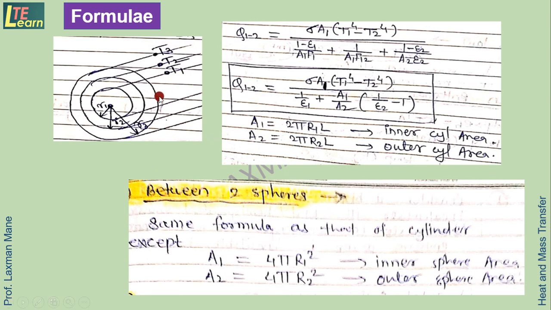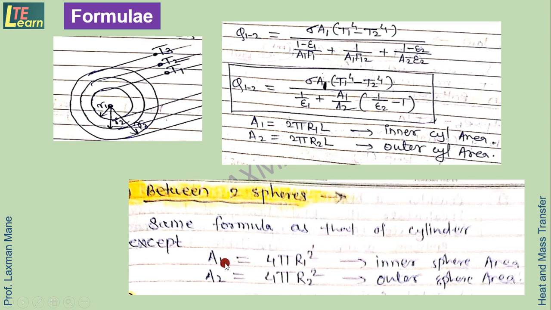The formula for two concentric cylinders we have already seen in the last numerical. The only difference for the sphere is that the surface area should be taken as 4 pi r square.